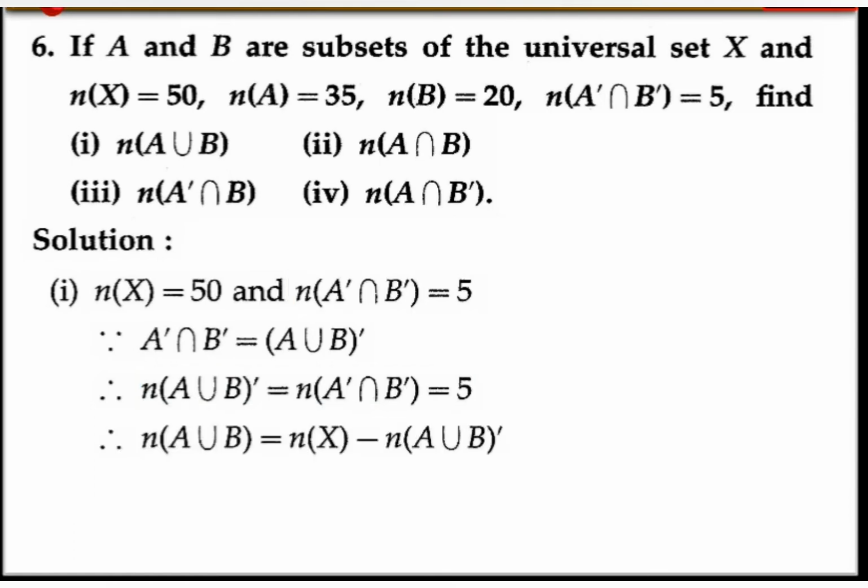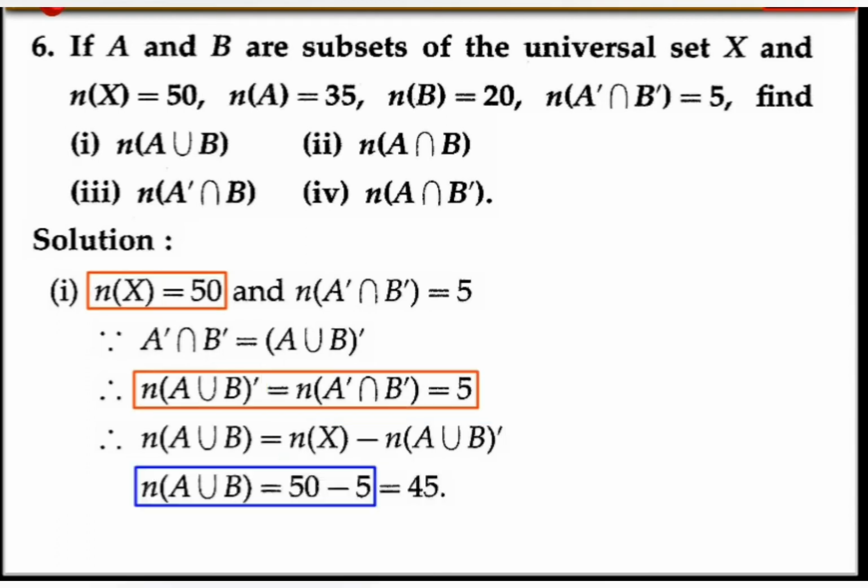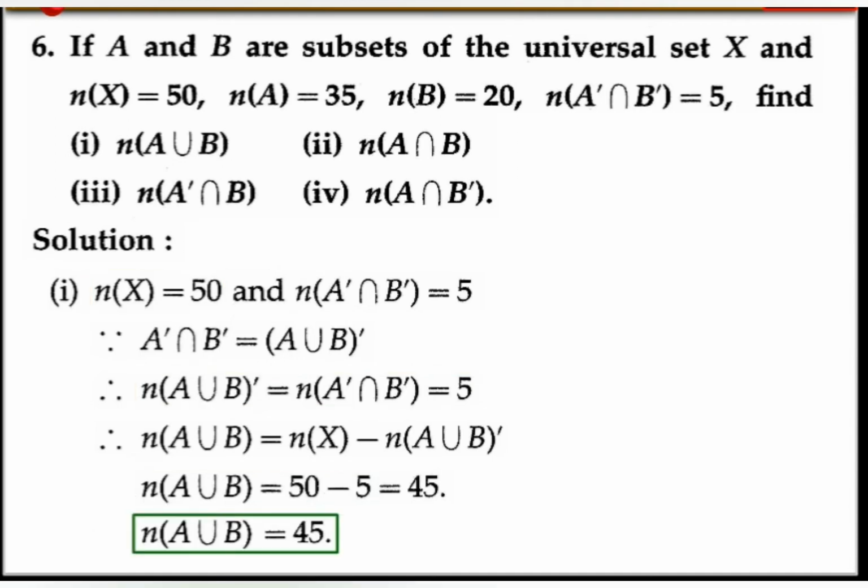So the number of elements in A union B is equal to the number of elements in X minus the number of elements in the complement of A union B. That is 50 minus 5, which is 45.